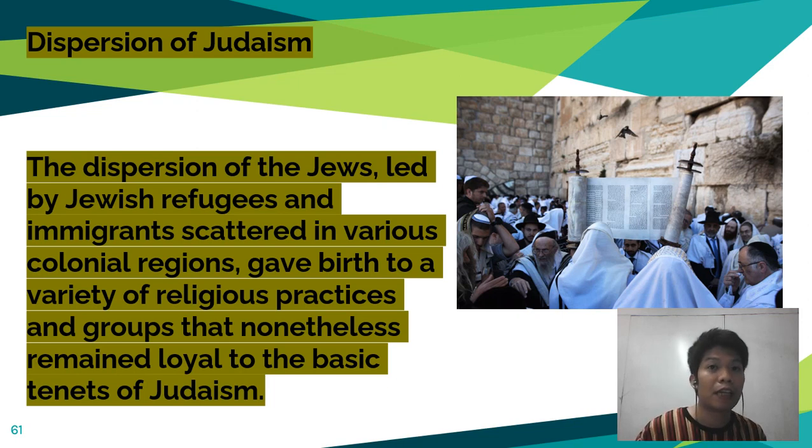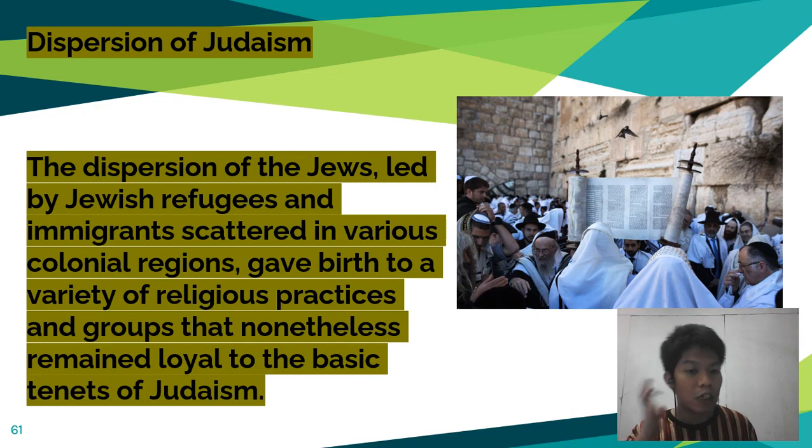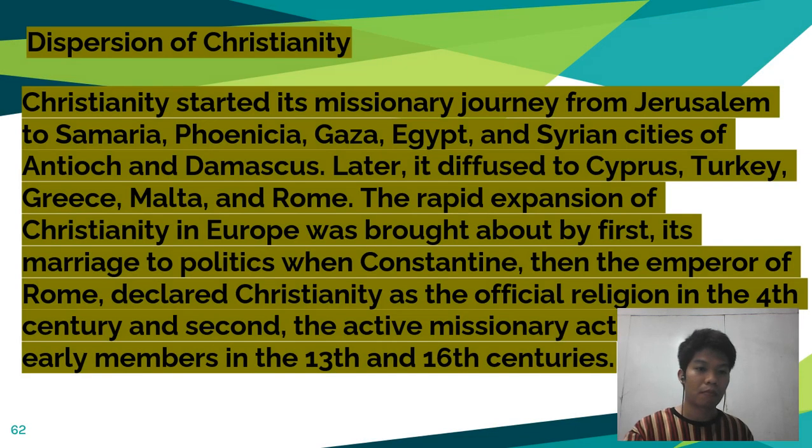It's 1948 when they went back to their original land. But during the times when they were scattered around the globe, and even until today there are still Jewish people scattered around the globe, they still practice their religion with them.